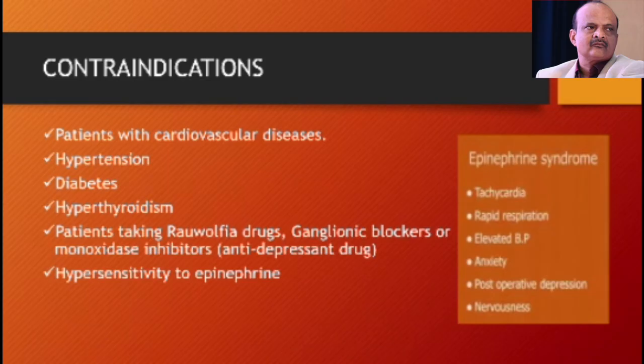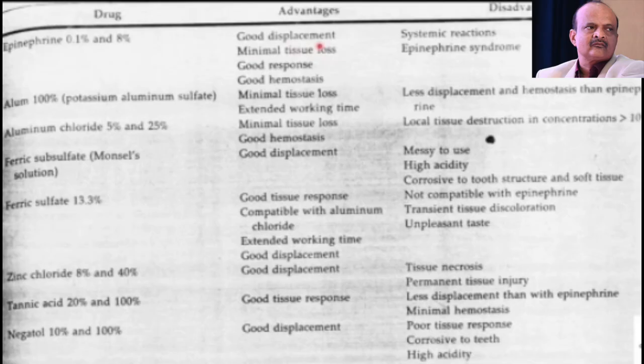If it is an injured sulcus, excessive absorption may cause hyperepinephrine syndrome, which is characterized by tachycardia, that is rapid heart rate, rapid respiration, elevated blood pressure, anxiety, post-operative depression, and nervousness. So such patients need to be avoided, and epinephrine should be used only in a sulcus which is not injured, that is, an intact sulcus.